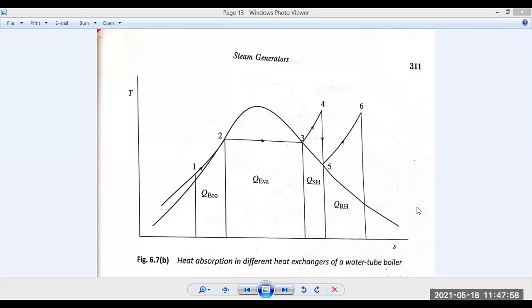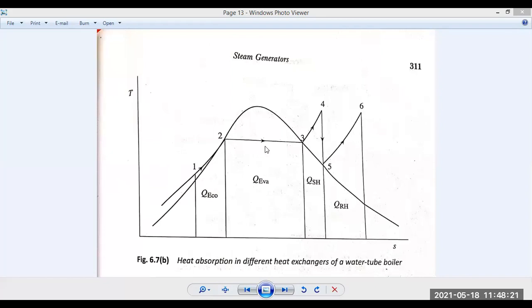In the heat addition process, it is shown here: this is the entropy, and this is the temperature rise in the TS diagram. From 1 to 2, heat is being added, entropy is changing, and temperature is rising. From 1 to 2 in the evaporator, the temperature remains the same.